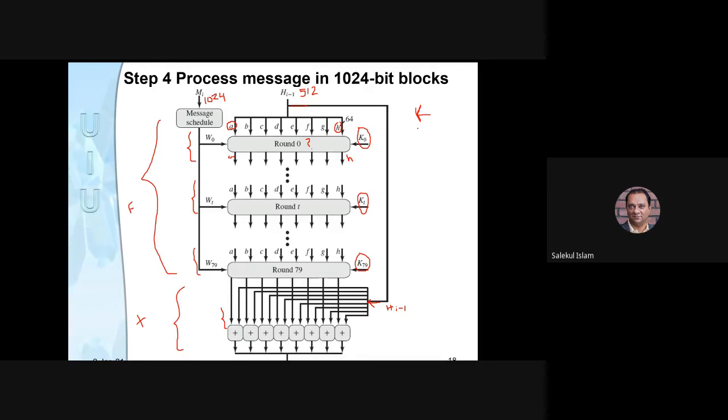From that key, we have a key scheduling algorithm, and using that algorithm, we can generate different keys in every step. You can also relate this with DES, right? There we were generating different subkeys in every step. Same thing here, we are calculating different subkeys from key 0 to key 79.